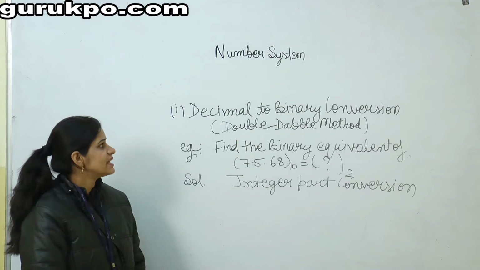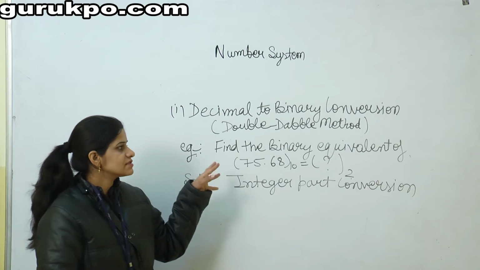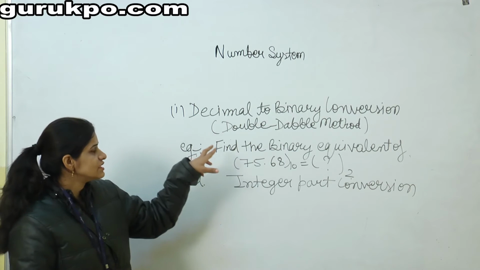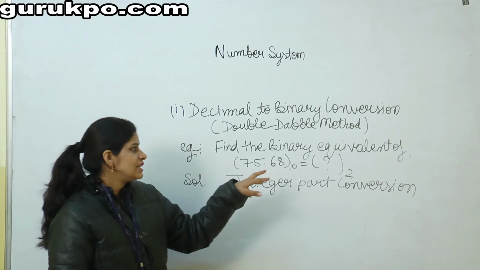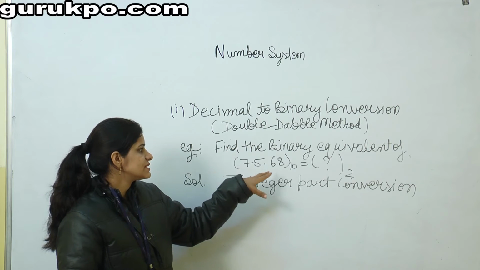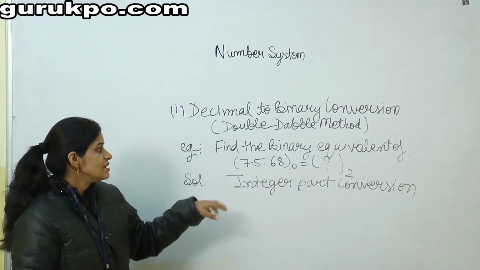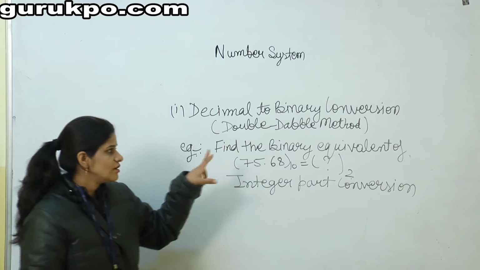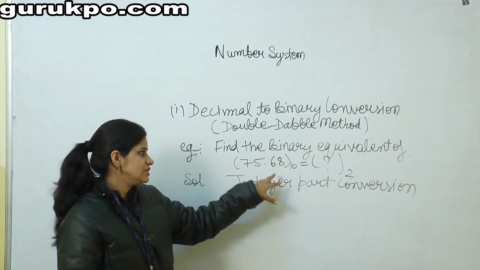Firstly, I explain decimal to binary conversion. Decimal base is 10 and binary base is 2, and it is also called the double table method. Find the binary equivalent of 75.68. 75 is the integer part and 0.68 is the decimal part, so there are two parts, integer part conversion and fractional part conversion.